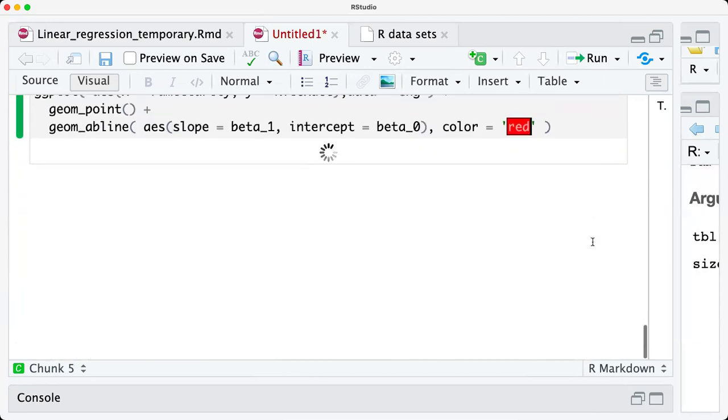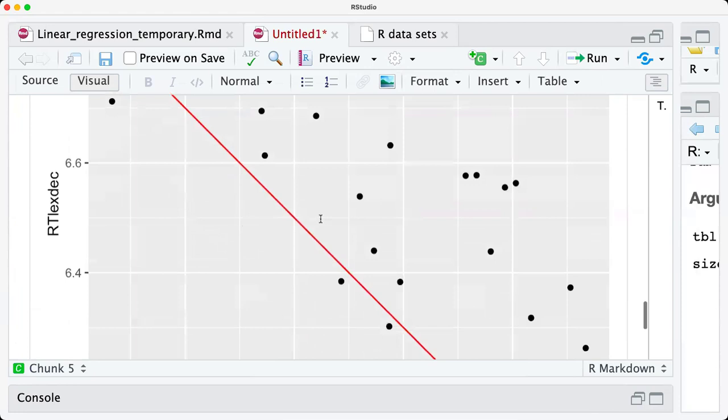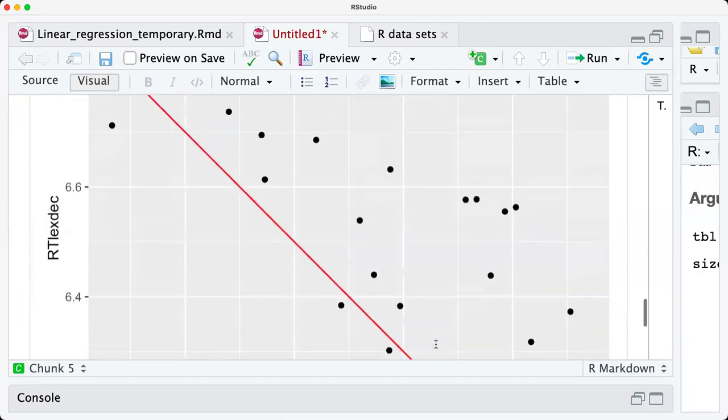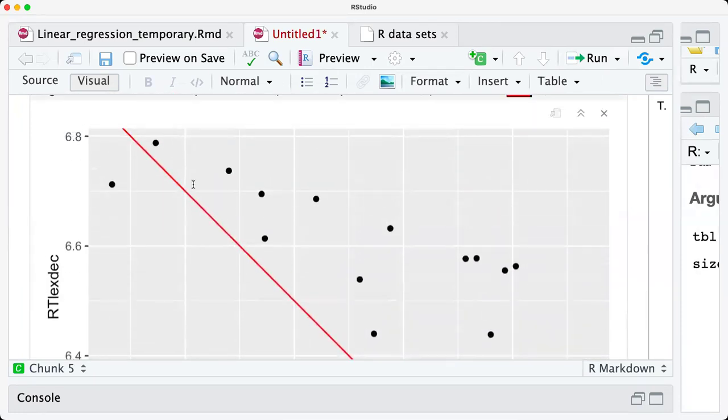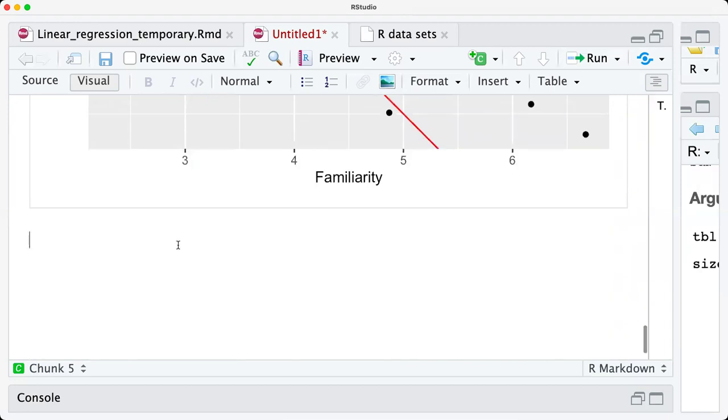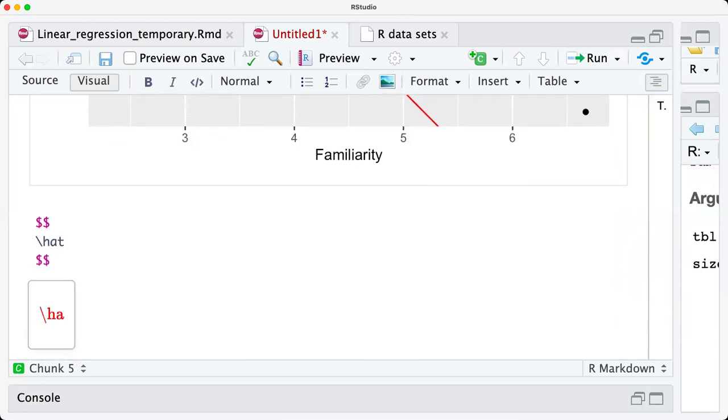So what are the residuals? Well, this is the line of your predictions. The residuals are the vertical lines, like here, where your predictions are these ones.